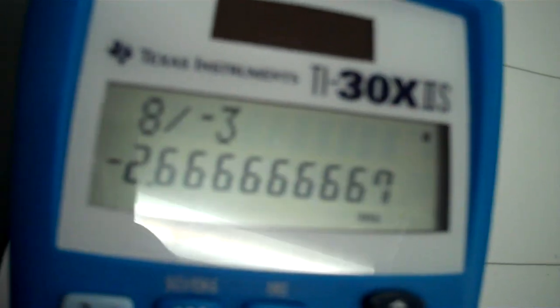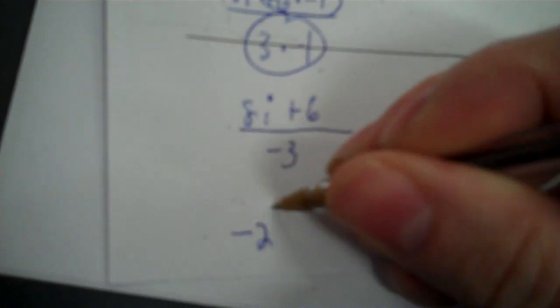Now you divide. 8 divided by -3, I don't like that. Hit second PRB, -2 2/3 i. There's your imaginary number. And then 6 divided by -3 is going to be -2. You have to divide both the terms by -3.